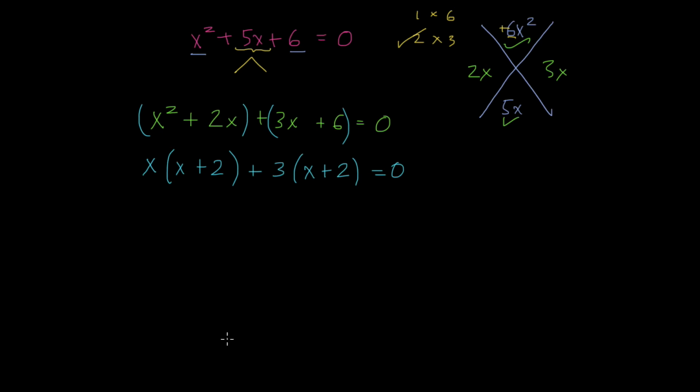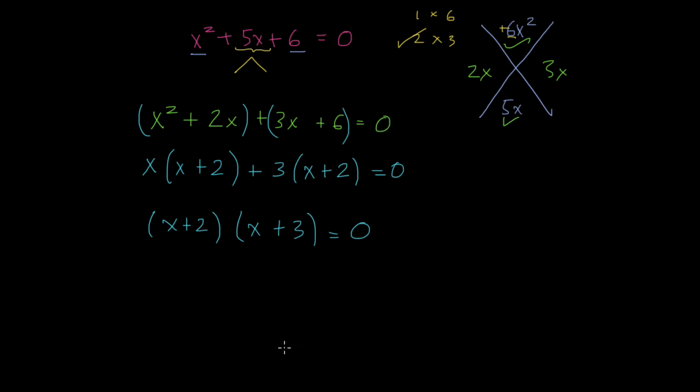That's what we're going for, because now we can say, well, in all of this, I have an x plus 2 common, so I'm going to take that x plus 2 out, and I'm left with x plus 3, and that gives me 0. So this is the factored form of the quadratic. So if you were asked to factor, then this is where you'd stop. This would be the factored form.